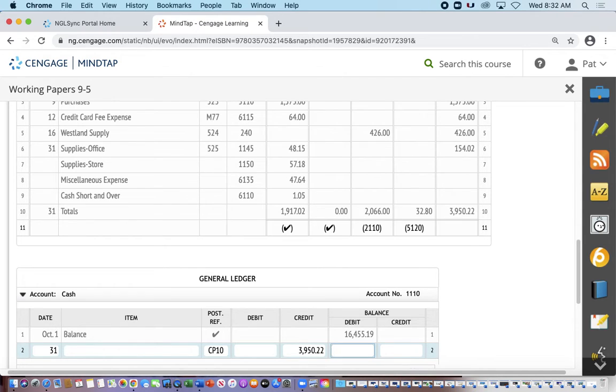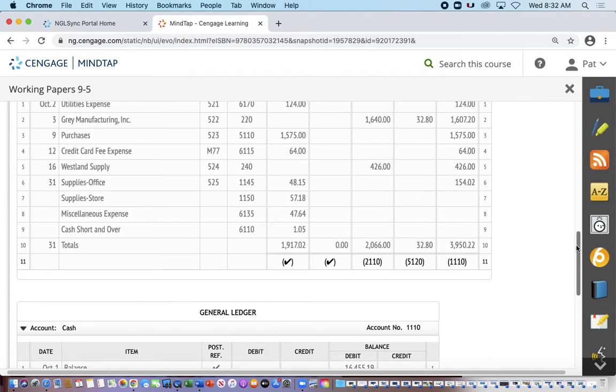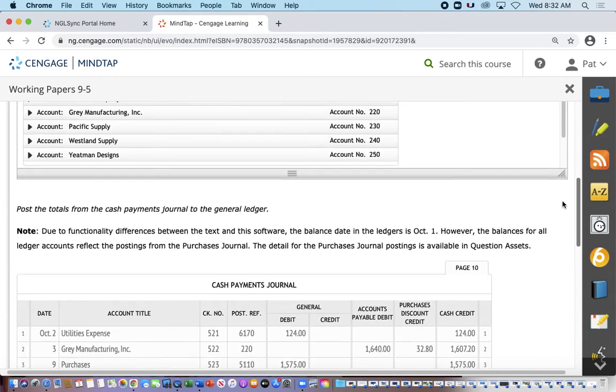We paid almost $4,000, so we're left with $12,504.97. And then we put 1,110 for our cash into the cash credit.